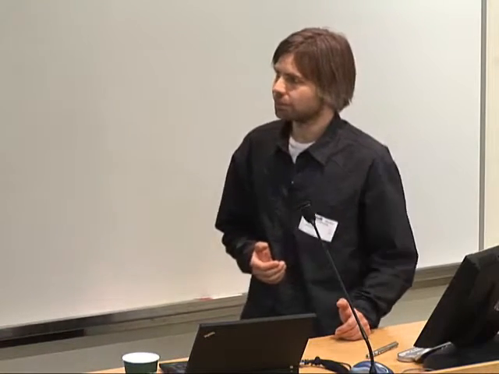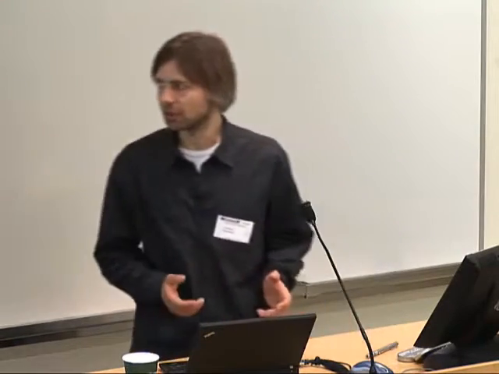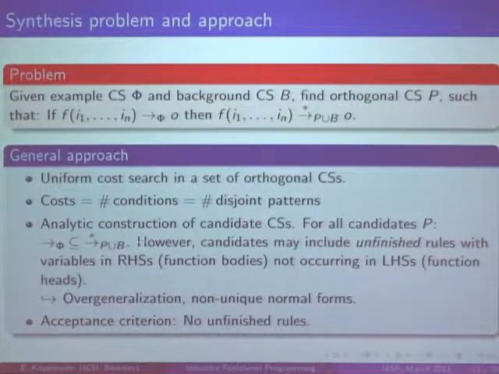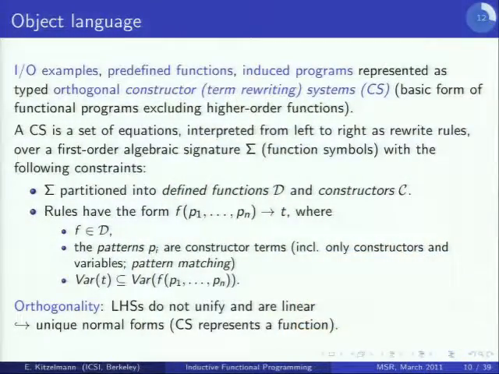Okay. And the construction of the candidates is analytic. That means that each constructed candidate is correct in some sense, so it subsumes the input-output examples. So all candidates are correct, but the candidates may violate the condition that all variables in the body must also be defined in the head.